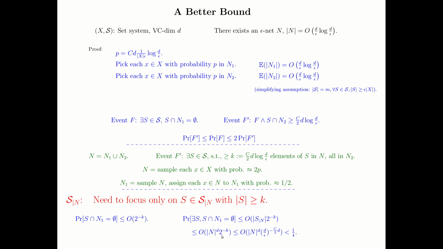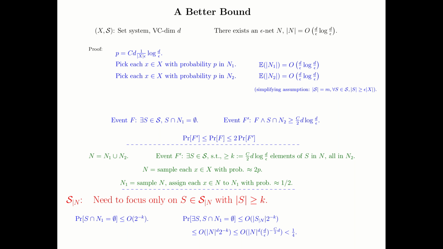If we plug in the value for k from this equality, you can see that it simplifies to 1 over 4. So with probability at least 3 over 4, F prime fails. In other words, F prime does not happen. This means F does not happen, which means our sample will be an epsilon net.